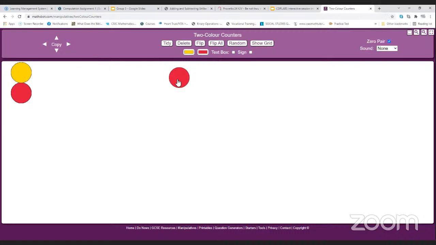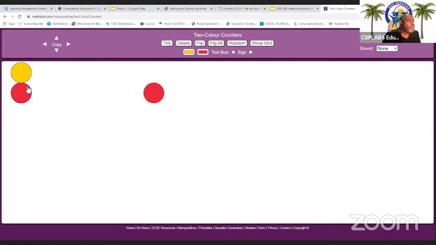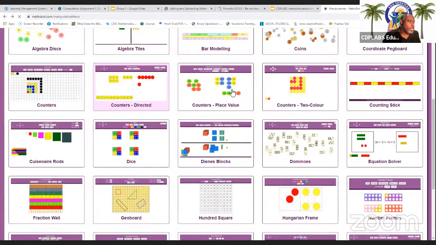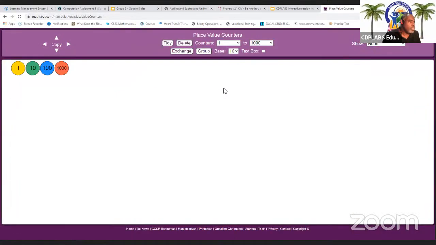All right. So it was 5 and 10. Well, let me use a different thing, just to give another idea. Counters. So we have 10, and we got 5 of these.